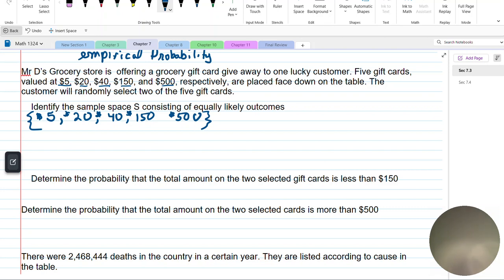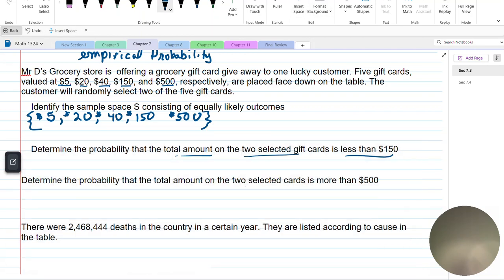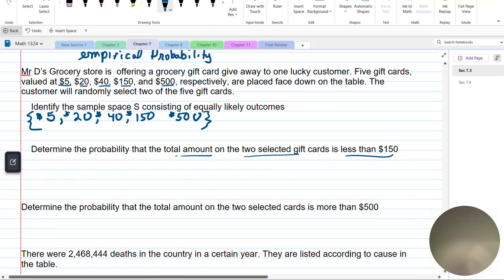All right. Determine the probability the total amount on the 2 selected gift cards is less than 150. Less than 150. All right. So our event implies, let me make more space here. Okay. So the 2 ones are less than 150.